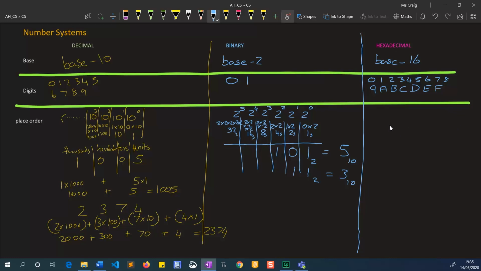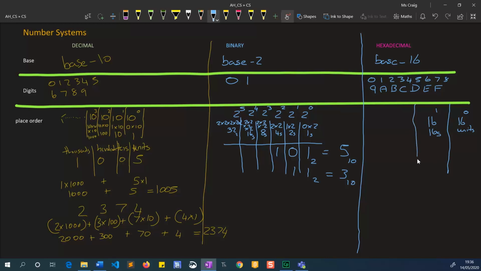Right, so let's have a look at how the place order is worked out. Similar to all number systems, this time it's base 16, so it's 16 to the power 0 is the units column. So let's put in units there. I'm going to put a wee line here to separate that. Next comes 16 to the power 1, which is the 16s column.